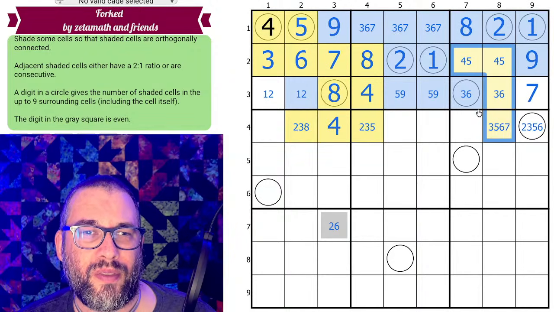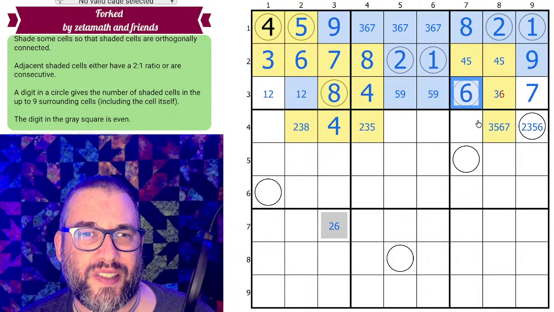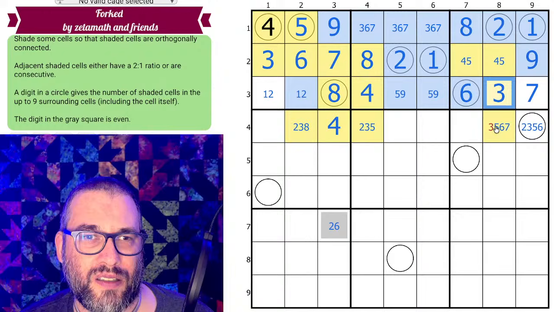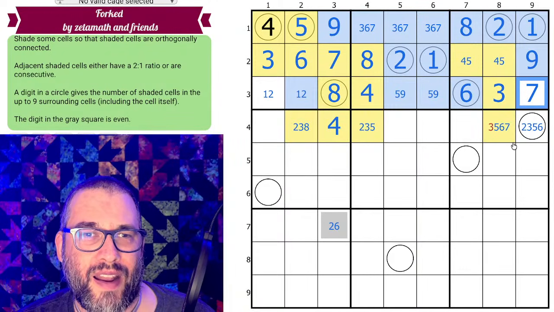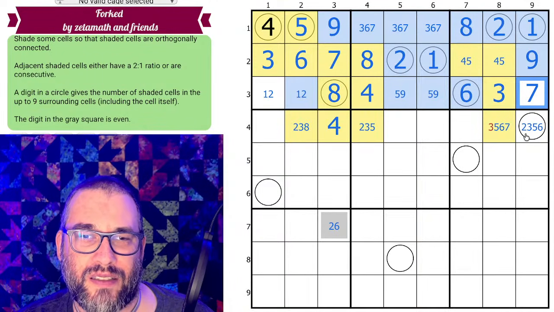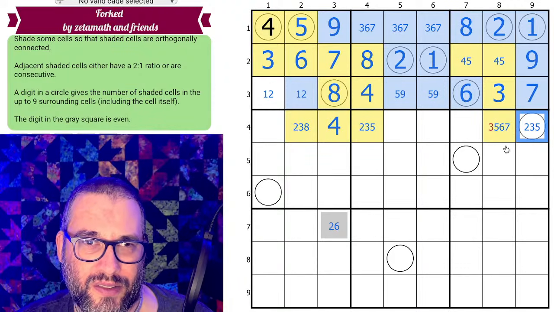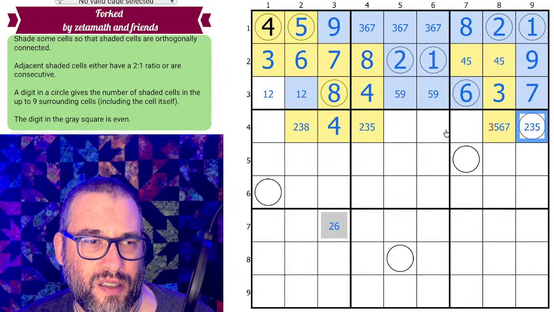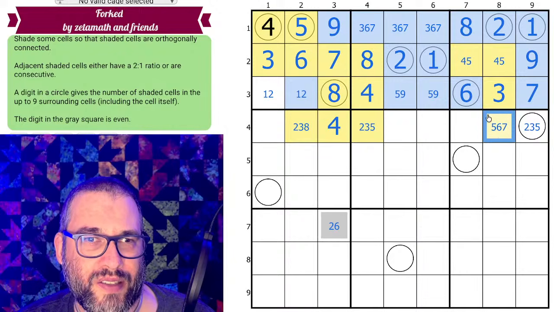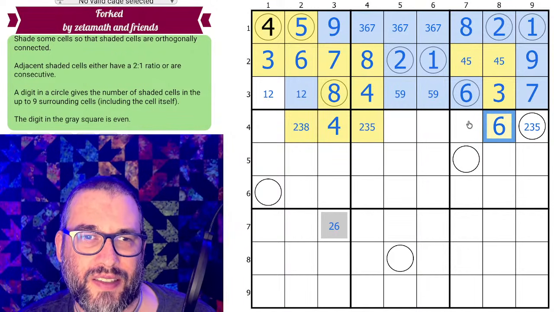But now this is bigger than 3, so this is 6. So that's 3. And now this can't be shaded. So this isn't 6. See, that's not 3. This is now just 6.